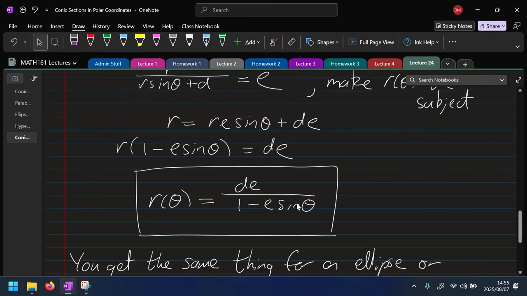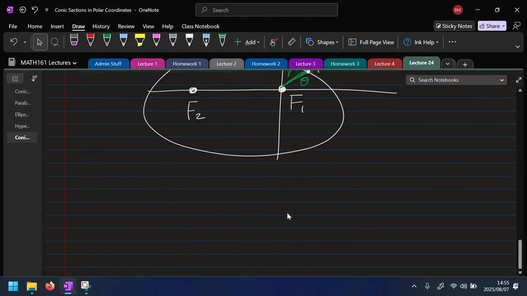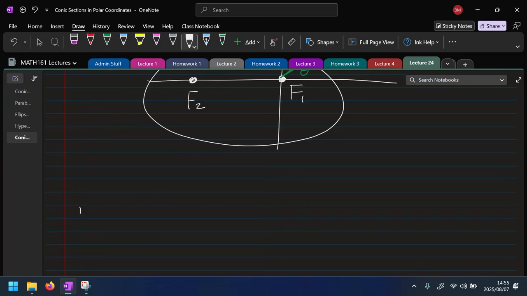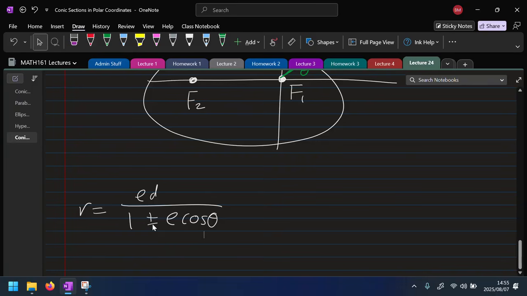This sine and cos tells you whether it's vertical or horizontal. So here we could write this as r equals ed over 1 plus or minus e cos theta. So if you use cos instead of sine, then the parabola will be facing left or right. And if you use sine, it will be facing up or down. And that's where this plus or minus comes in.